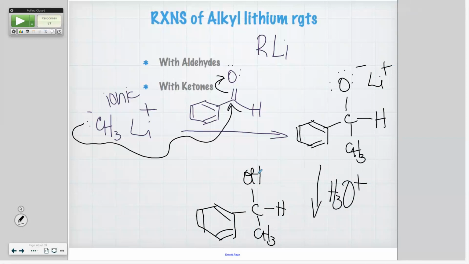Guess what you get when you react with a ketone? An alcohol. Okay, what kind do we get on this one? Secondary. Guess what we're going to get on a ketone? Tertiary. It's the same. Sometimes it won't matter which one you use.